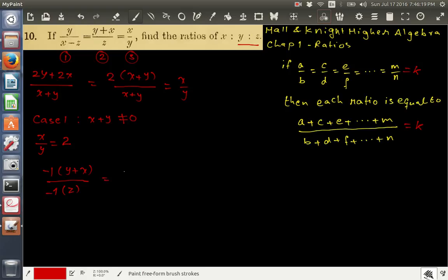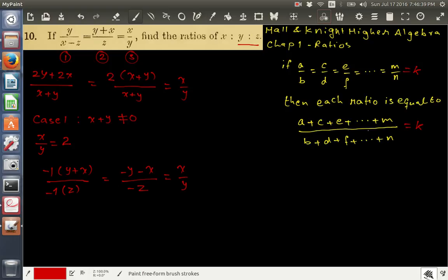So you get minus y minus x over minus z. Now this ratio is still equal to x over y, because the ratio will not change if we multiply numerator and the denominator by minus 1.